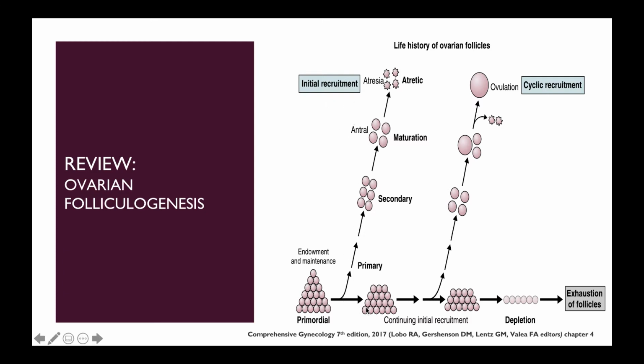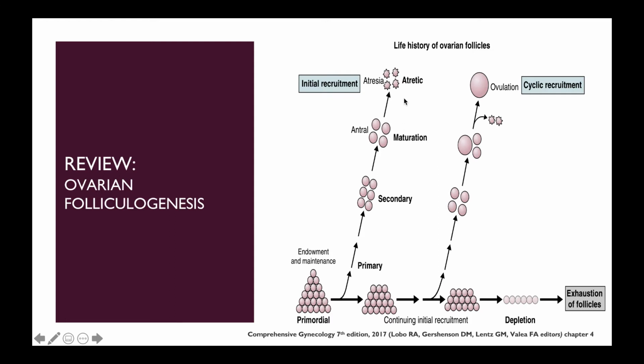The follicles develop through primordial, primary, and secondary stages before acquiring an antral cavity, which is what you saw in the picture from the previous slide. At the antral stage, most follicles undergo atresia.